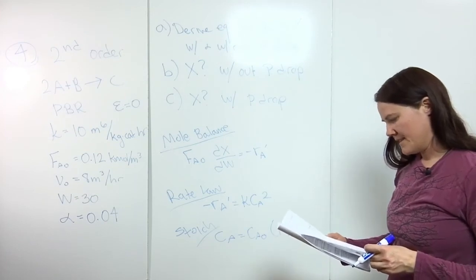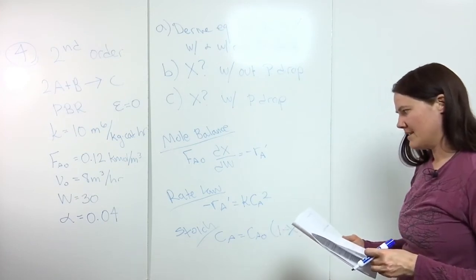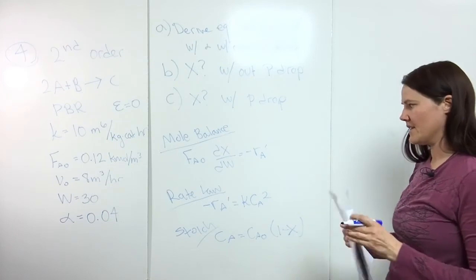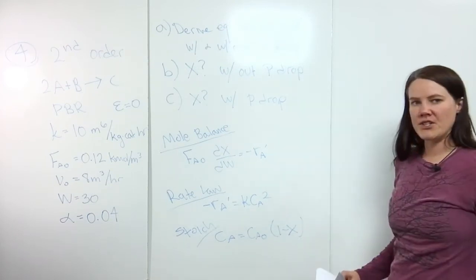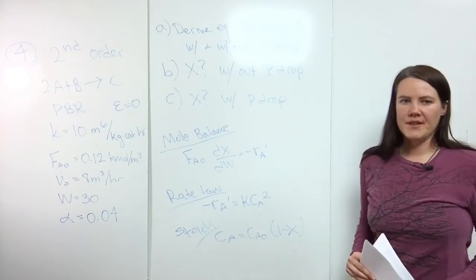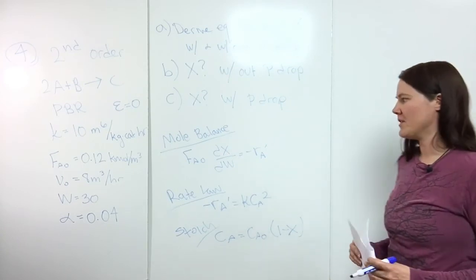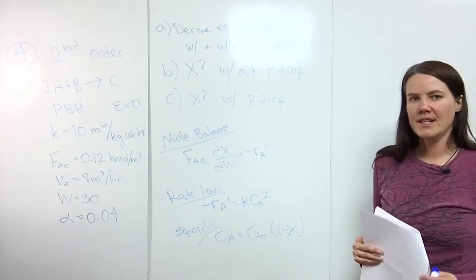And so the reason why I decided I needed to do that for this problem is because to get an integrated equation with the pressure drop, you normally end up with two coupled ODEs that you need to solve numerically.